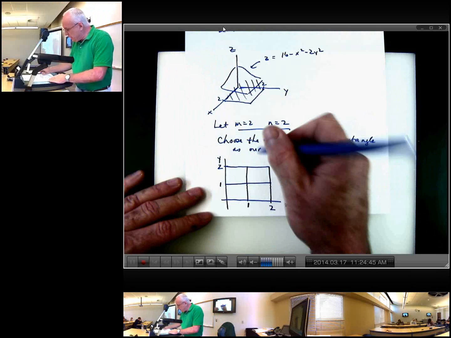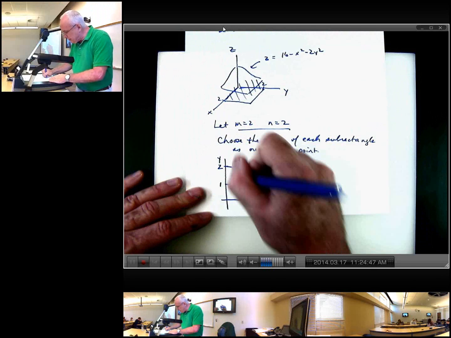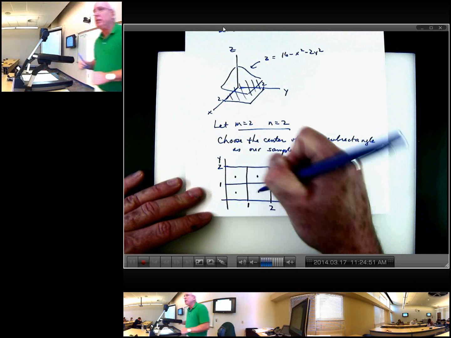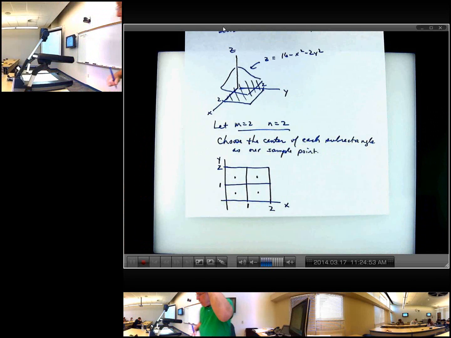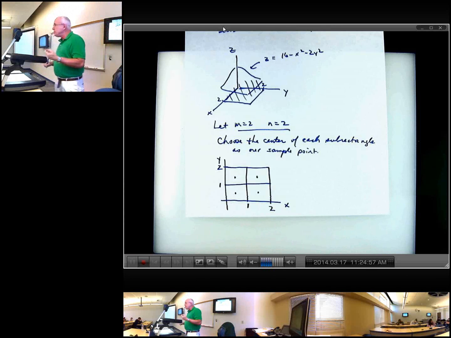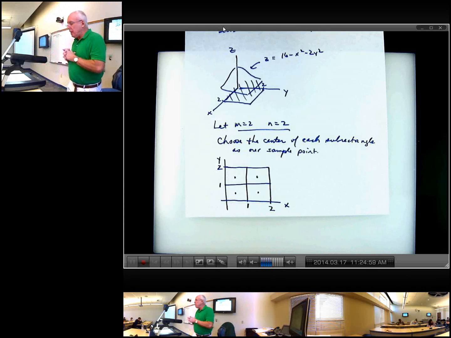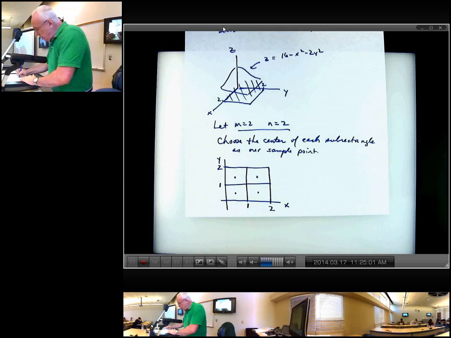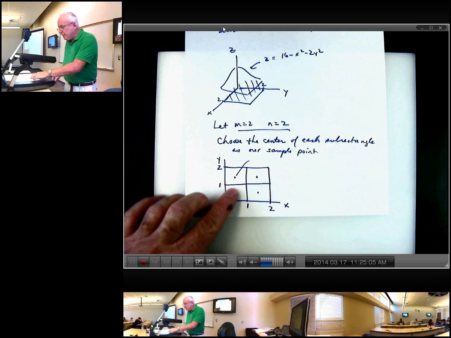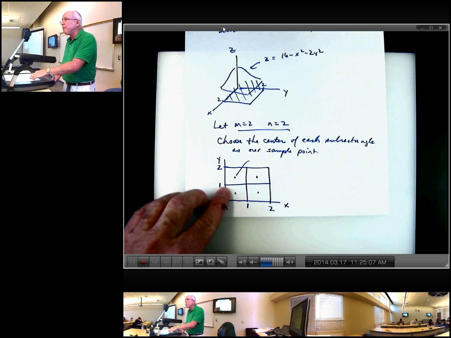Then we're going to take as our sample point the center of each of these four subrectangles. So what you have to do is figure out what are the coordinates of the exact center, and then we apply that to our function. So this coordinate right here is 0.5 for the x and 1.5 for the y.